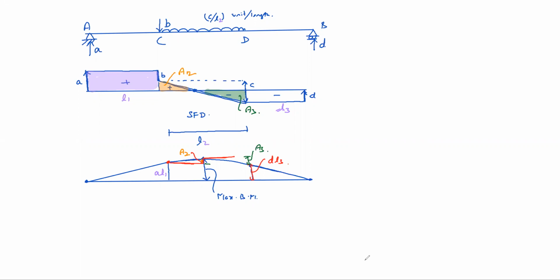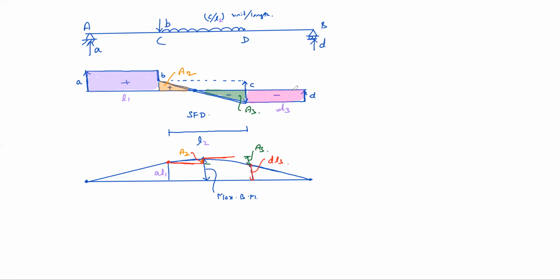Yes, sir. This area is what? D into L3. That's why this drop is D into L3. So like that, you can work based on areas as well as slope relationships. The slope of the bending moment diagram will be the ordinate of the shear force diagram. You can also make use of accumulating areas.